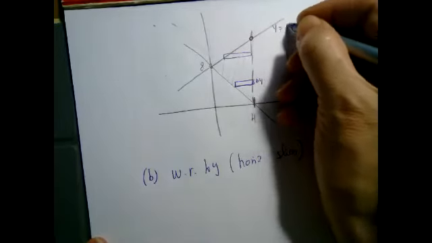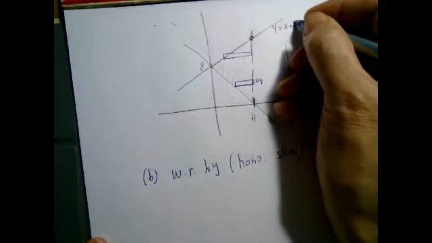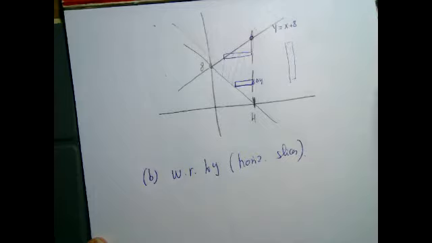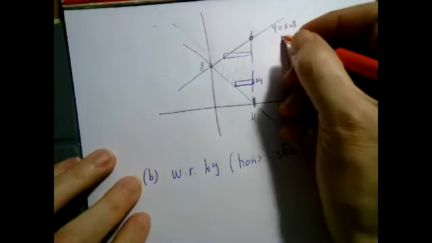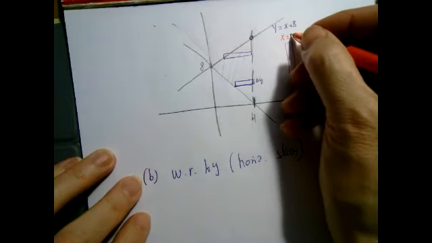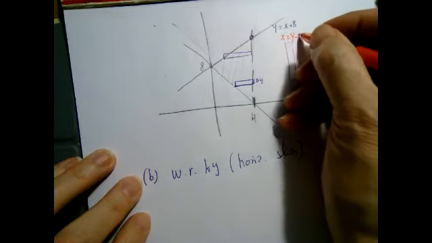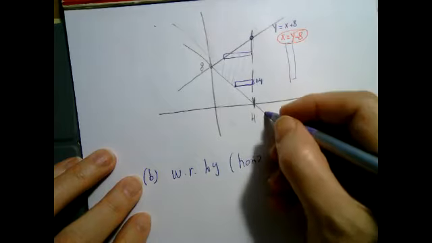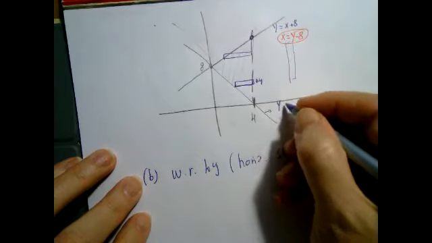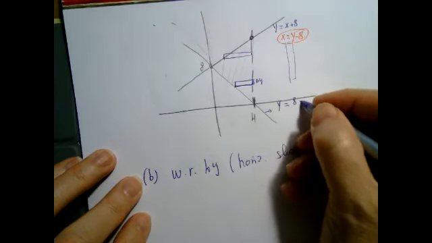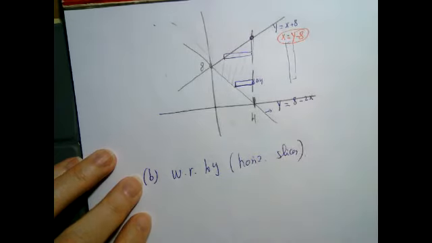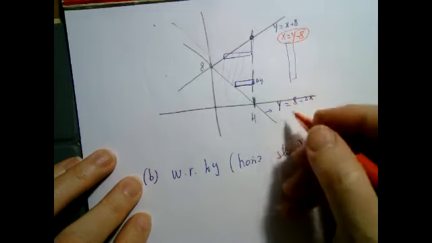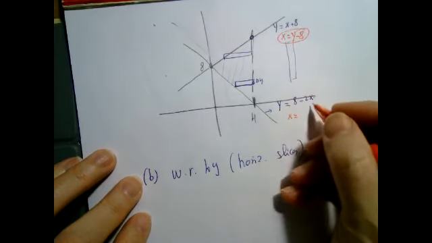So this is y equals x plus 8. I need to solve for x because I'm thinking horizontal. So x becomes y minus 8 for this one. This one down here is y equals 8 minus 2x. So we have to solve for x. I'm bringing the x to this side.